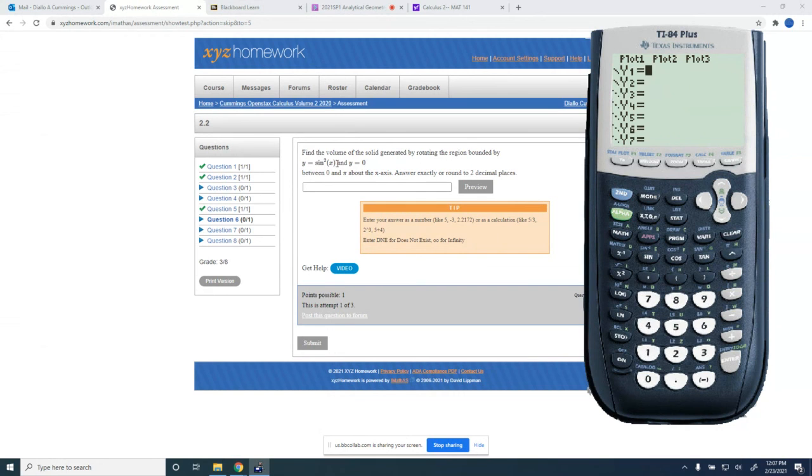And I'm going to put this into y equals sine squared x. Okay. So one thing about sine squared x, you can't actually put the square in front of, above the sine. Right? You have to put in the argument for sine, and then you want to close off that argument, and then you want to square. So from this point, I'm going to hit zoom 6.